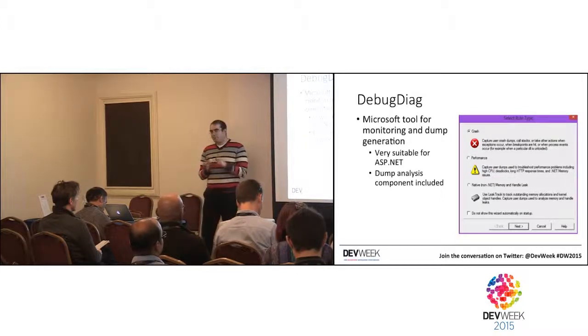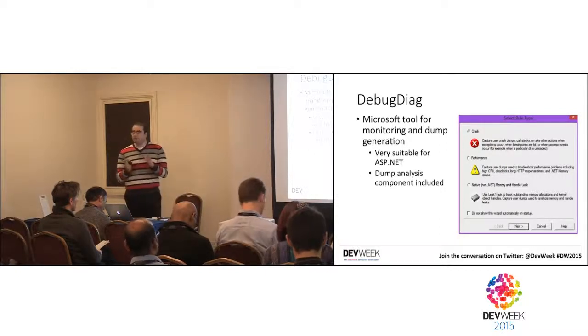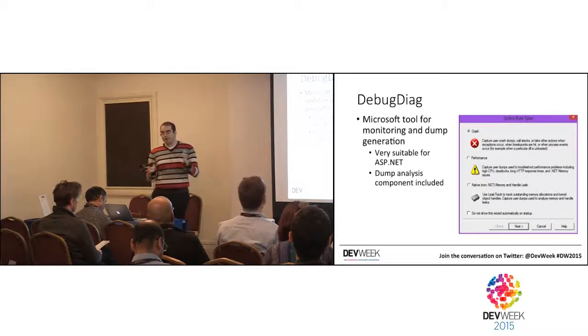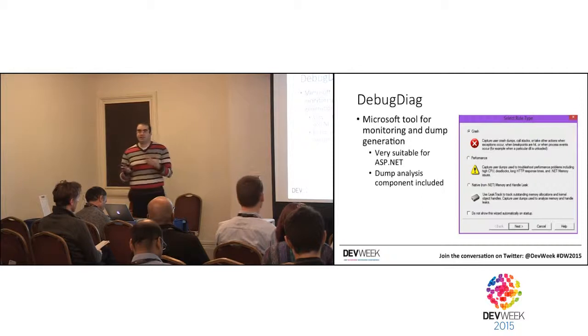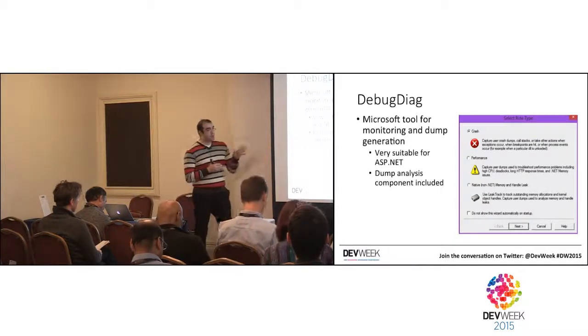DebugDiag can be used to configure those rules, it's called rules, for when you want to capture dump files. And again, there's a bunch of different criteria. So you could capture dump files when there is a crash. You can capture dump files if memory goes over a certain threshold. You can capture dump files if you have a particular number of requests that aren't being handled properly. So there's again, a bunch of triggers there.